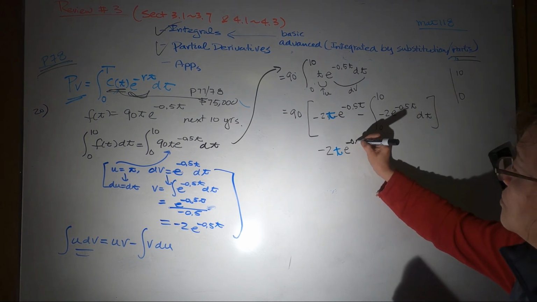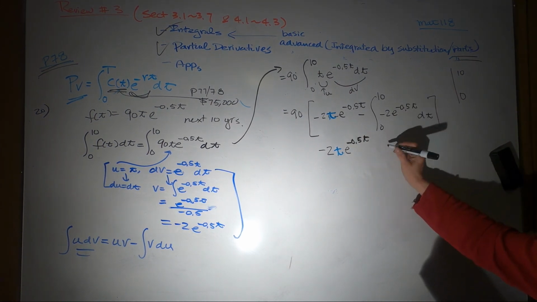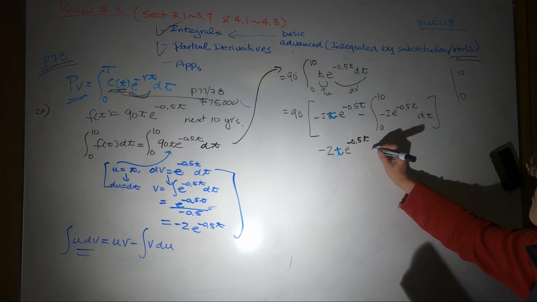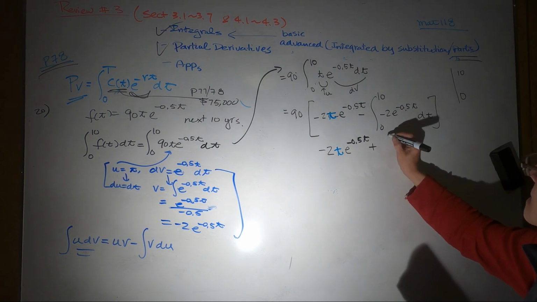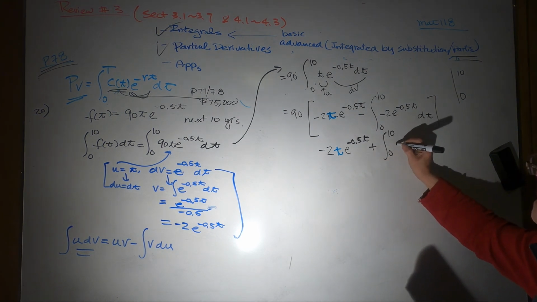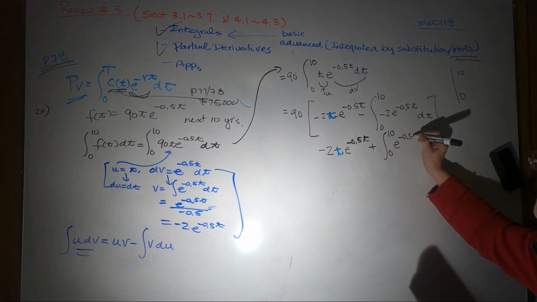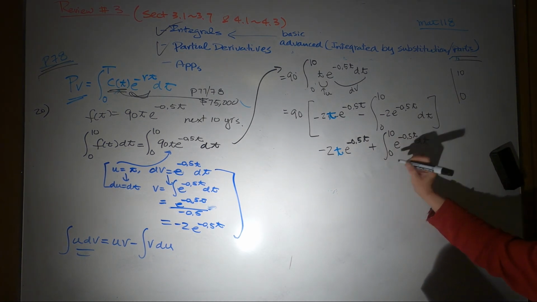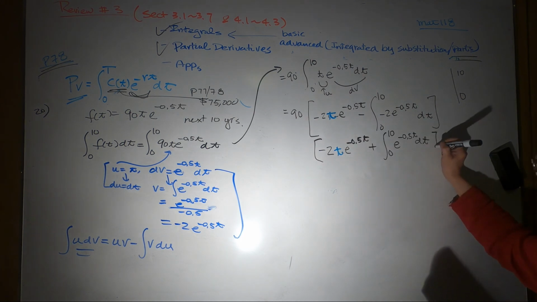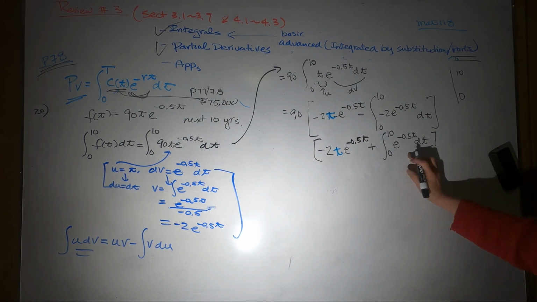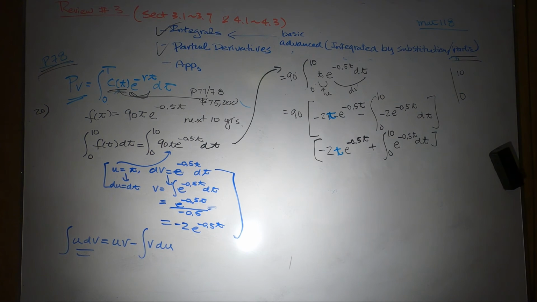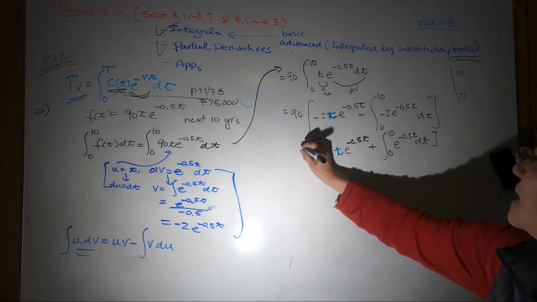Times e to the negative 0.5t, and taking the antiderivative, this will be plus 0.1 e to the negative 0.5t dt, right?